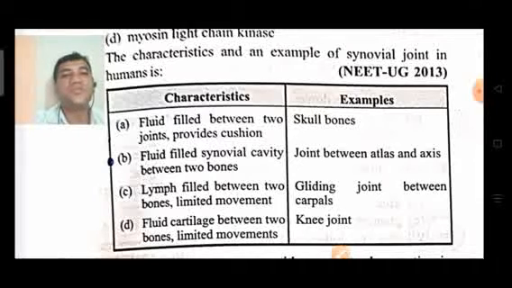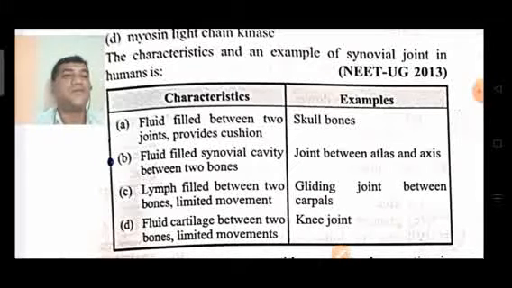Fluid filled between two bones, limited movement, gliding joint between carpals. Fluid cartilage between two bones, limited movements. The example given for skull bones is not as per human beings. So the joint between atlas and axis, which we have already discussed, is the answer.